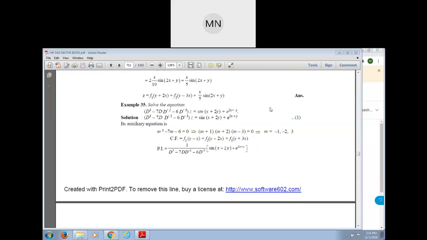I got m square plus m minus 6. Yes, it is m square plus m minus 6. Now, can we factorize this term? If we factorize m square plus m minus 6, it will be m square plus 3m minus 2m minus 6.